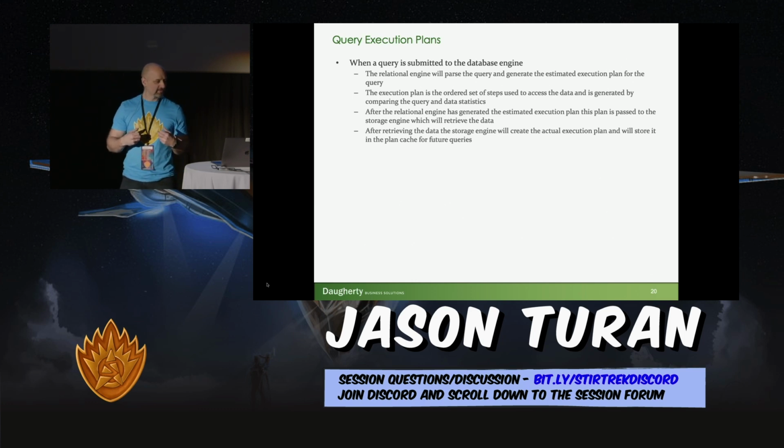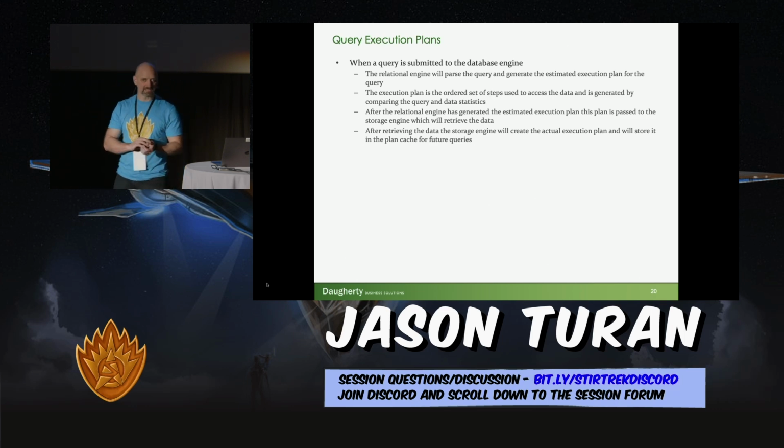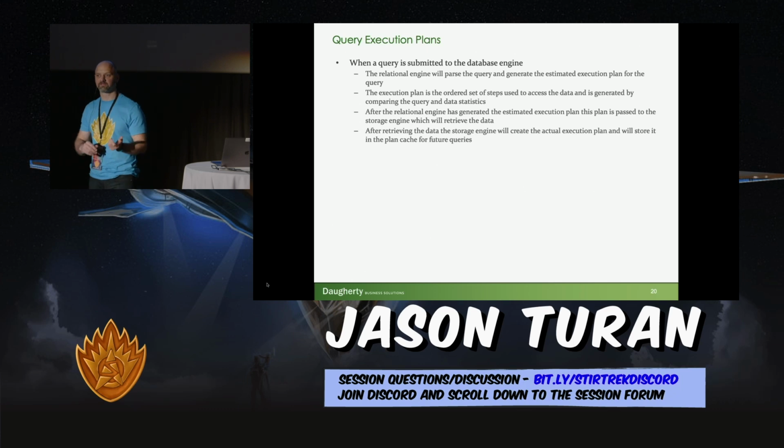After the relational engine has generated the plan, it's passed to the storage engine to actually go and get the data. Once the storage engine gets it, it passes it back to the relational engine, and the hash of that query will be used as a key to cache the actual execution plan from here on out. We'll get into why that's important later.